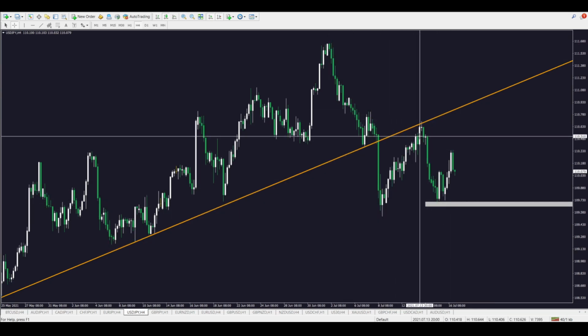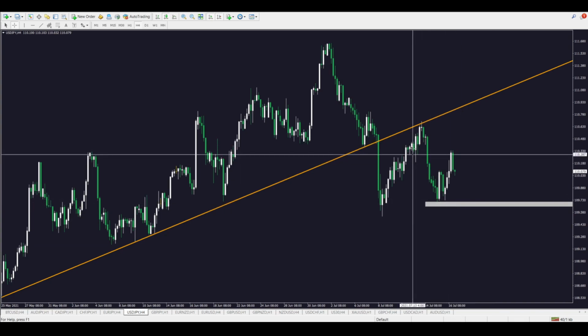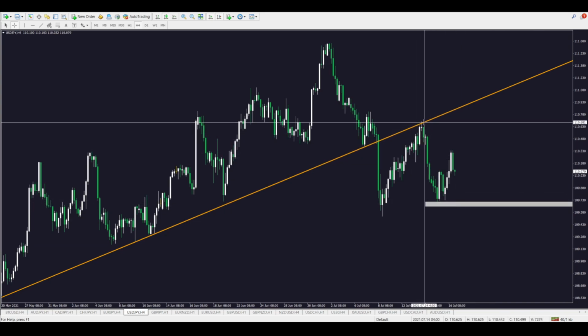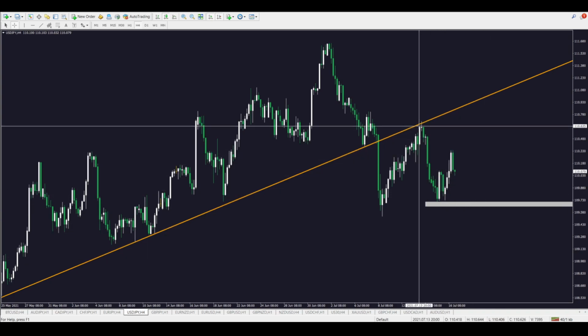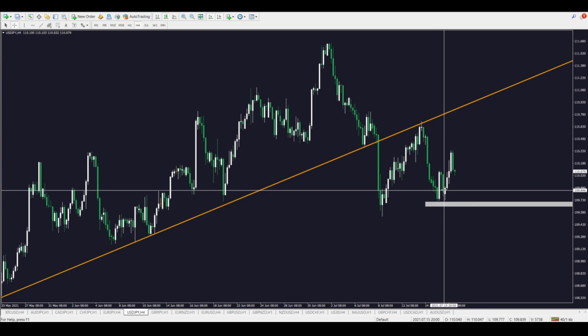And also, if we get a break below here, we would have this one. So this is high to this point to this point and to this point. So that would be another little bearish trend inside of a bearish trend.